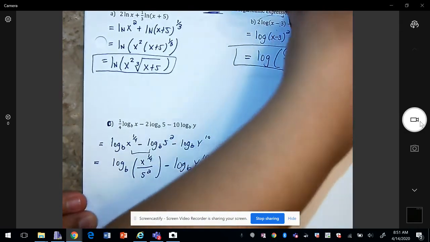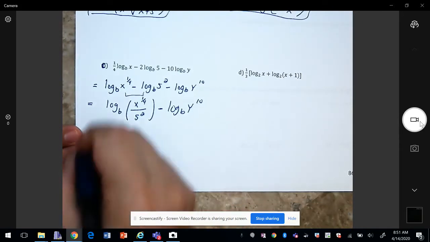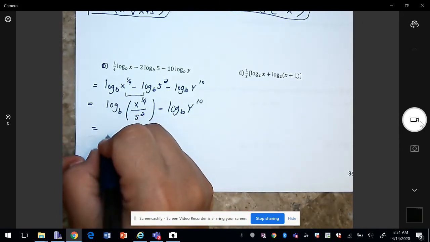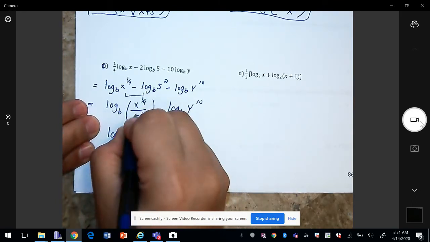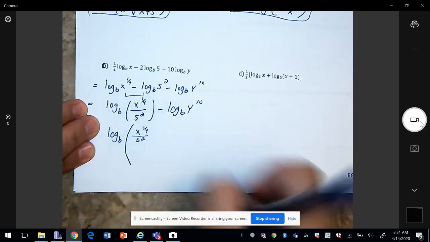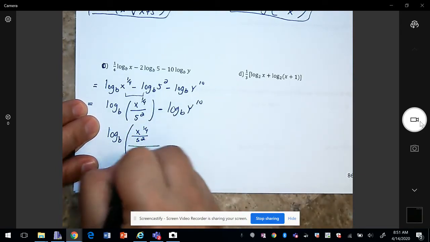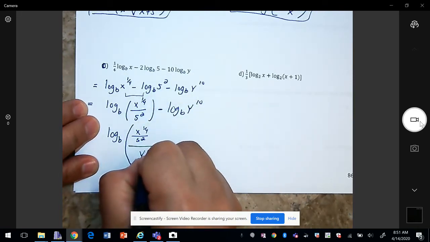So now we can combine the next two. So we're going to have log b of x to the 1/4 divided by 5 squared divided by y to the 10th power.